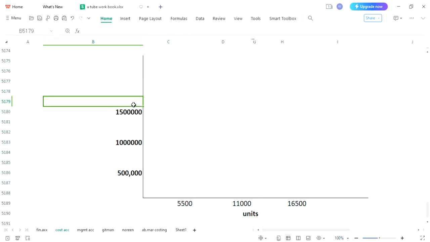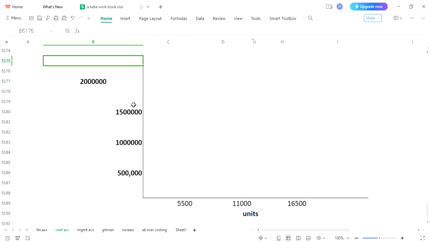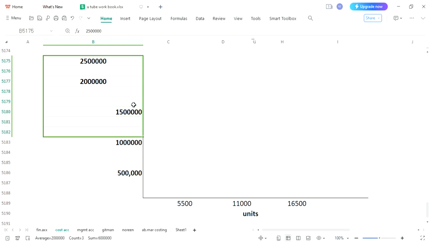After 15 lakh, again leave 2 points and write down 20 lakh. Okay, and again 2 lines, it will reach 25 lakh. Here you will understand what we are doing.